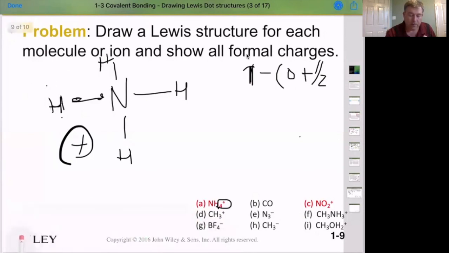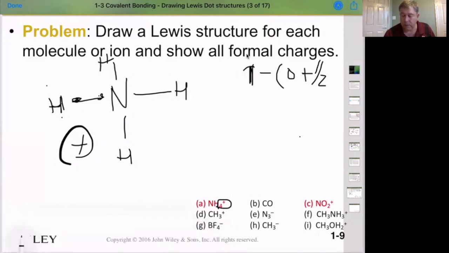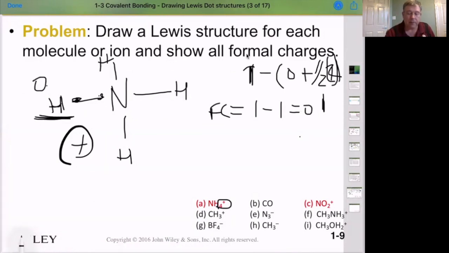We have 2 electrons that are bonded to that, 1 and 2. So we get 1/2 of 2, which gives us a number of 1. So our formal charge is equal to 1 minus 1, which is equal to 0. So the formal charge on hydrogen is 0.